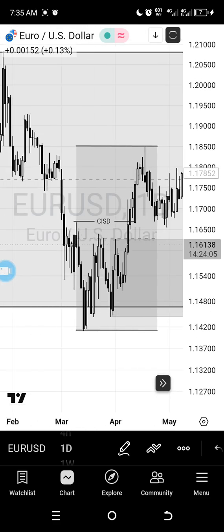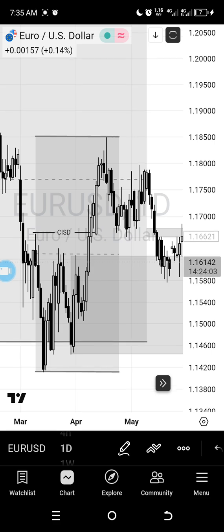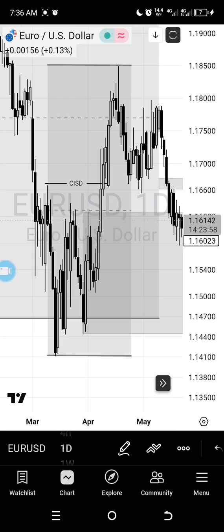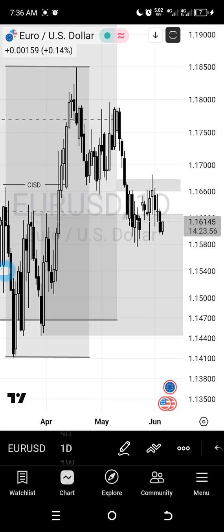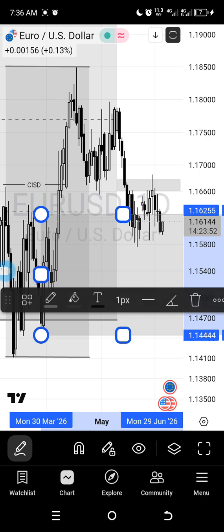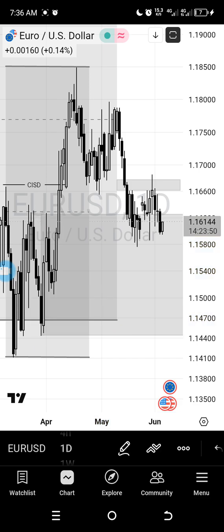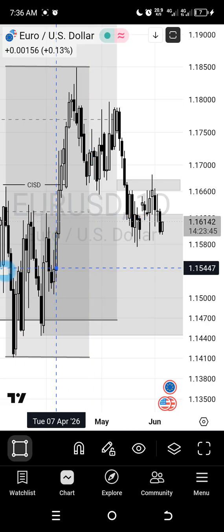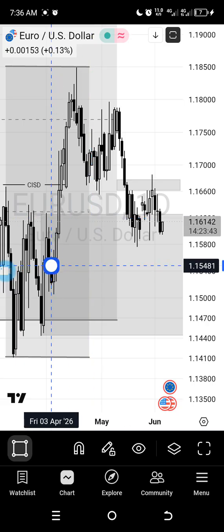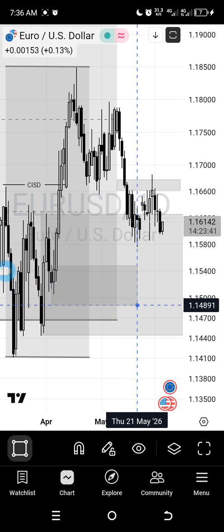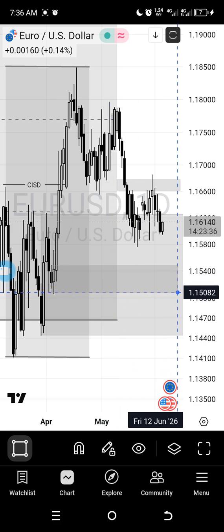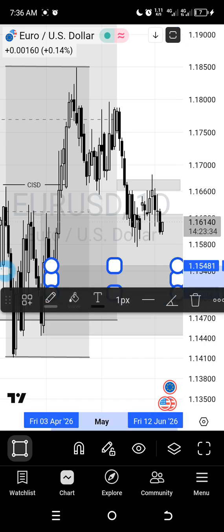Right now, what we do next is to refine our zones, that is our key levels on the weekly time frame, for them to align with our daily time frame. Within the weekly order block, we got this bullish order block, right?